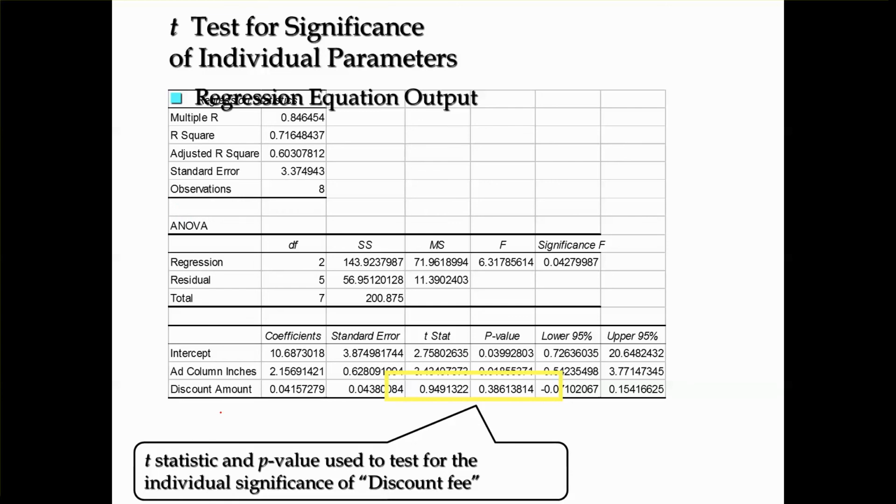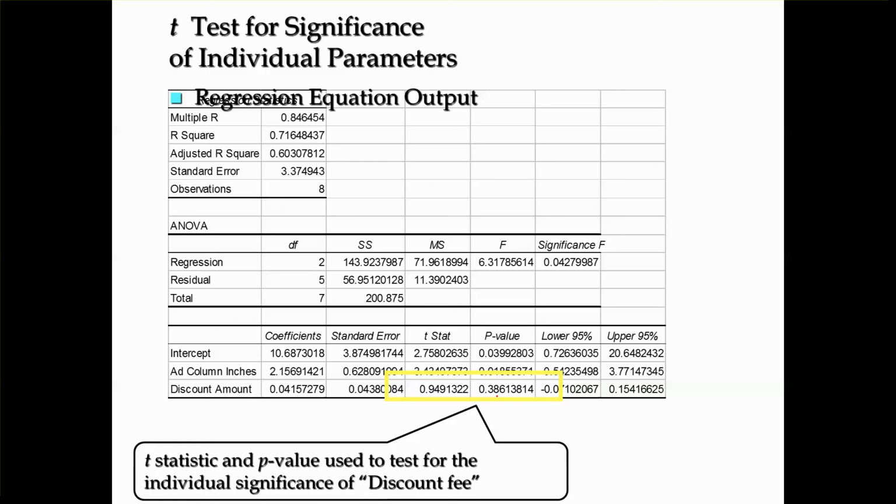However, if we look at the discount amount, what we will find is the t-statistic is equal to 0.9491, which is smaller than our criterion t-statistic 2.57, and we will not reject H0. And also for the p-value, we have 0.3861, which is larger than 0.05. We also conclude that we cannot reject H0.